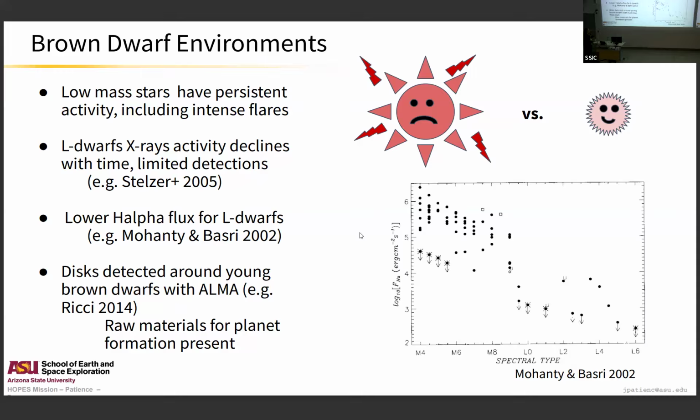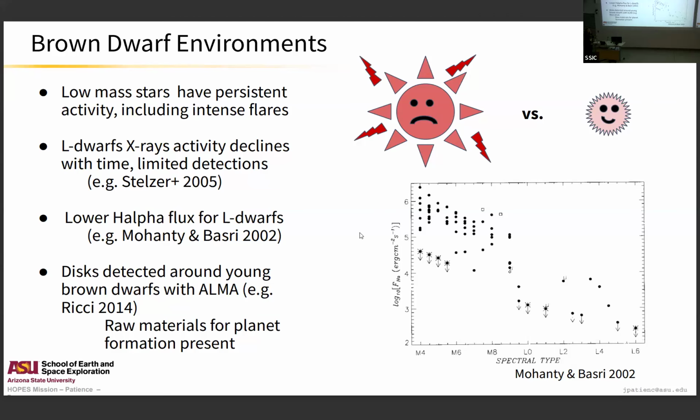By comparison, L dwarfs are detected in X-rays, but typically only at the youngest ages, which is why it was hard to find a plot showing a sequence from M to L, because people don't really plot a lot of their non-detections. However, something that's related is the H-alpha activity. And so this shows you the flux of H-alpha going from M's on the left on down. You see the large decline in activity as you go to the L dwarfs.